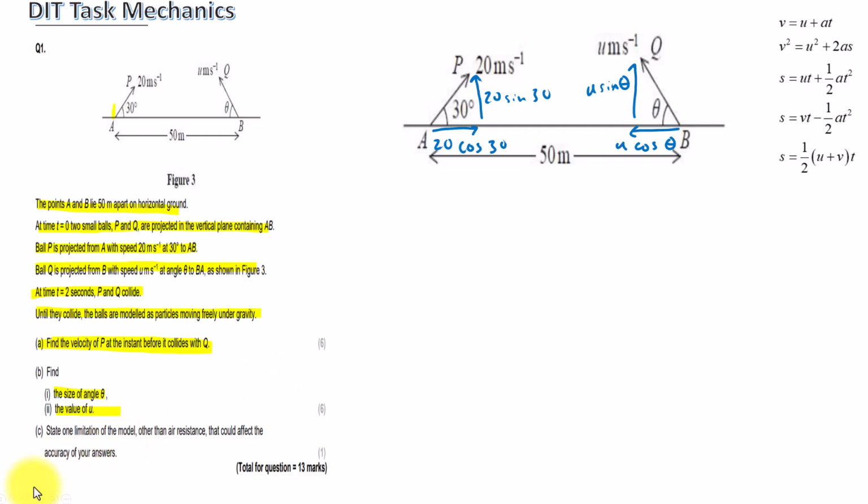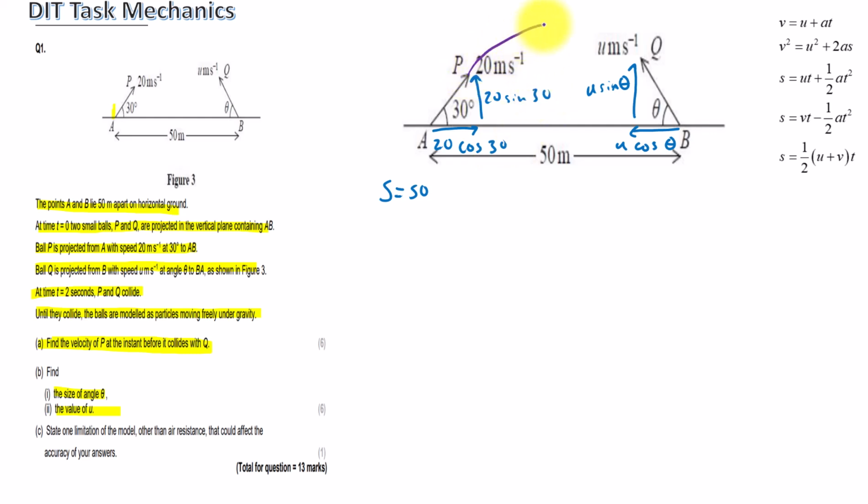Now we're looking at part B. Now I think if you can answer this type of question, you're probably an A-star mechanics student. Lots of skills that you have to apply. So I would say this question is very challenging. We know that the total distance they both travel when they collide will be 50 meters.